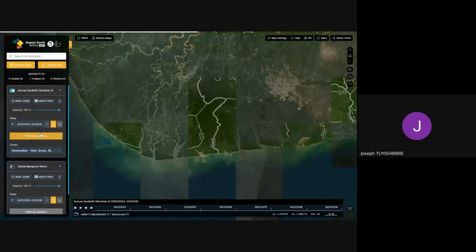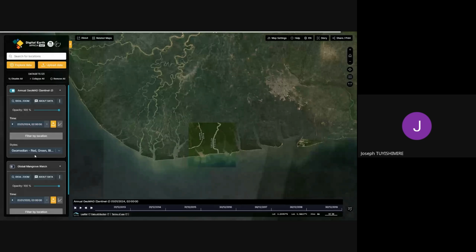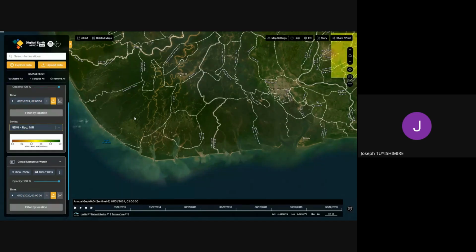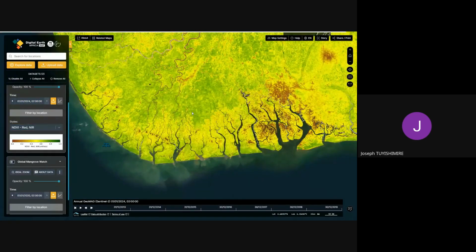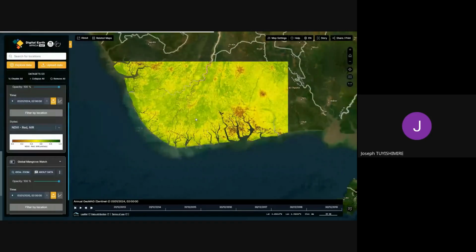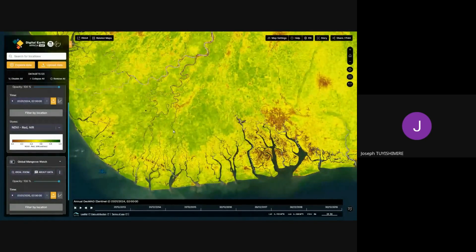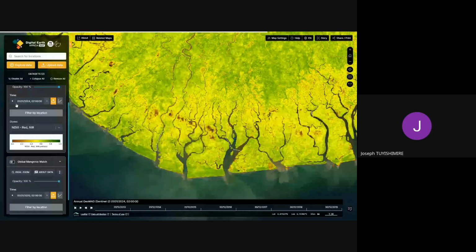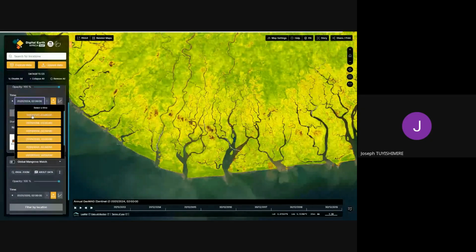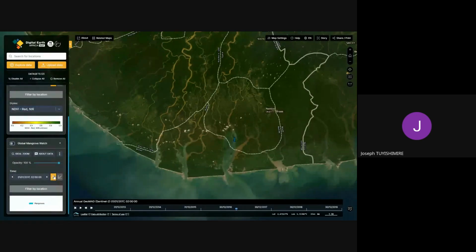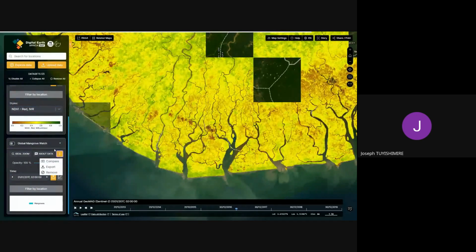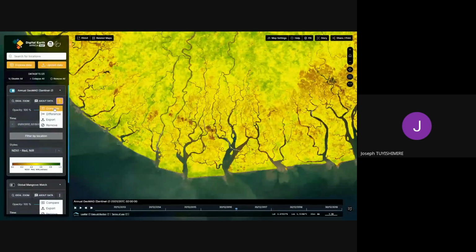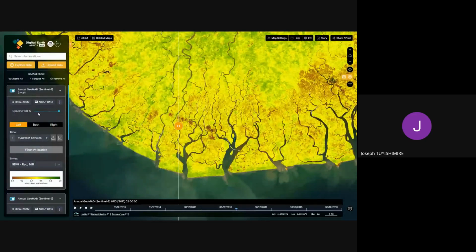it's about NDVI. You can use the NDVI just to check out the mangrove vegetation for one year. Let's say you can check from 2017, for example, and do a comparison and compare them with, let's say, this was 2017.